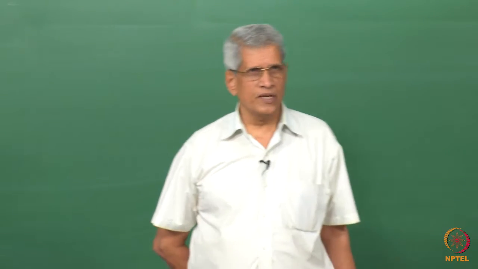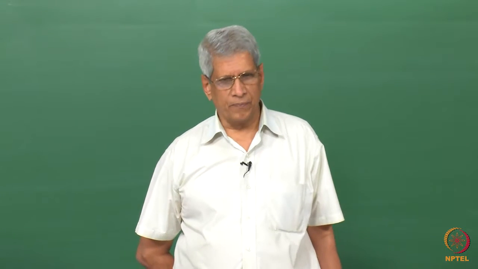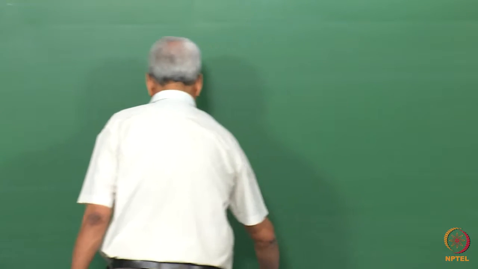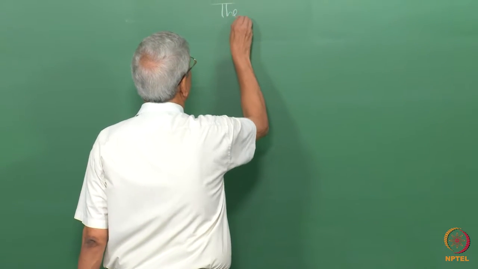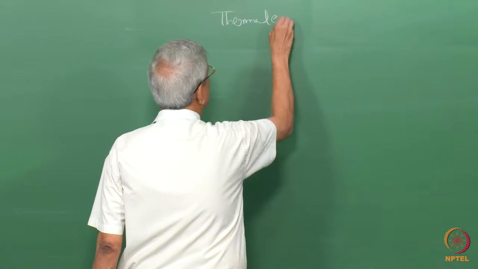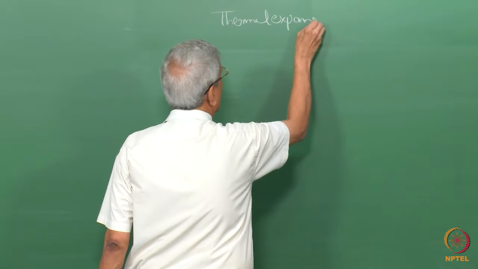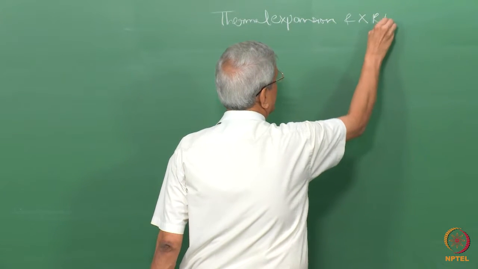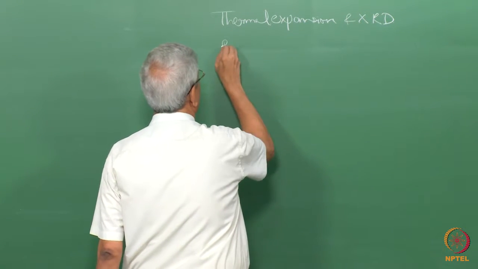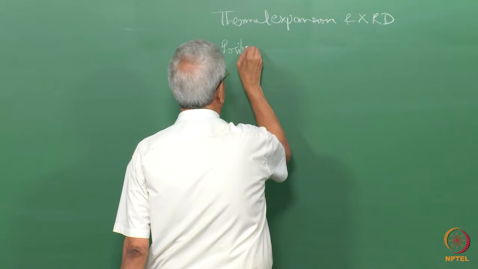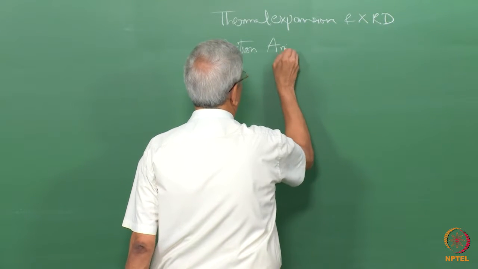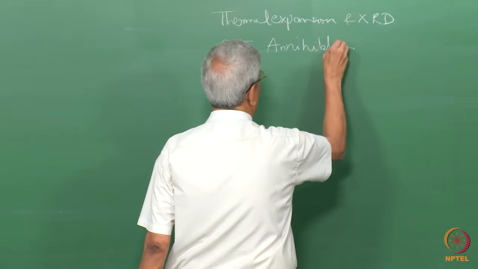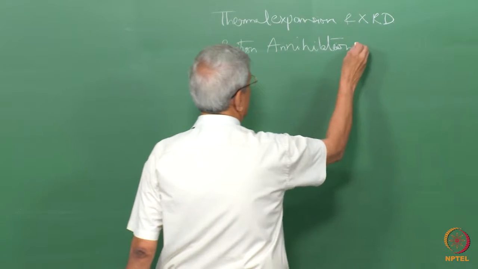So there are many methods which are available to find out the defect concentration. One of them is using thermal expansion and XRD combined. This is what we discussed yesterday. Then another is positron annihilation technique.